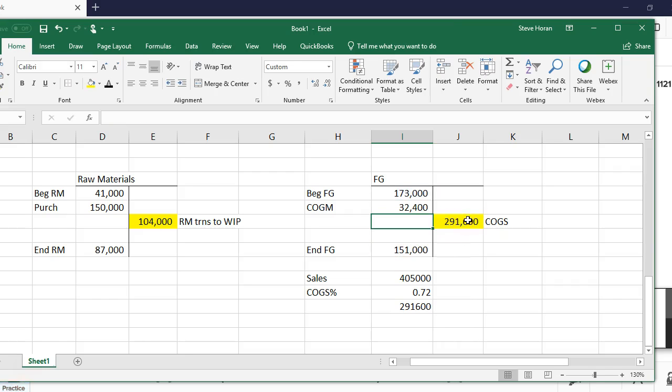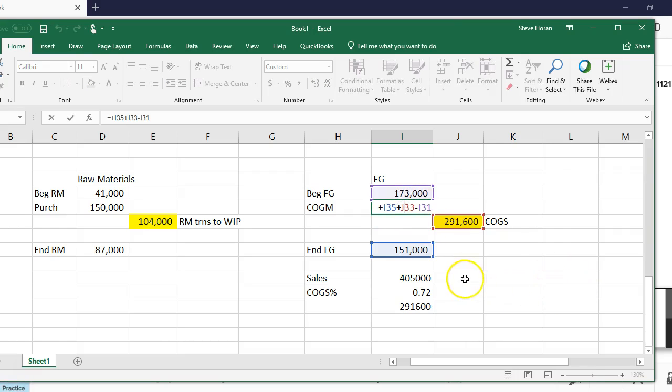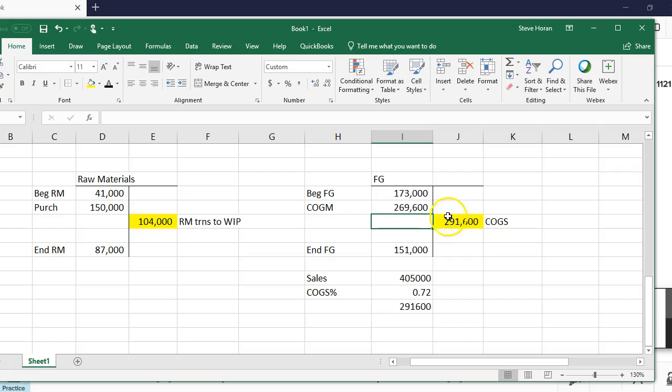Let's see if I got that right. I did not. So let's see. There we go, I got it right that time. I did plus the ending, plus the cost of goods sold, minus the beginning, and that gave me the answer of 269.6. So I just solved for that one too. I can solve for two different things here to get to the right answer.